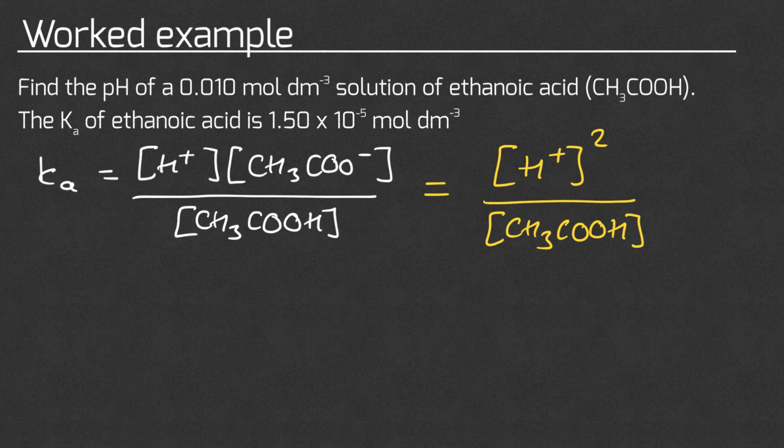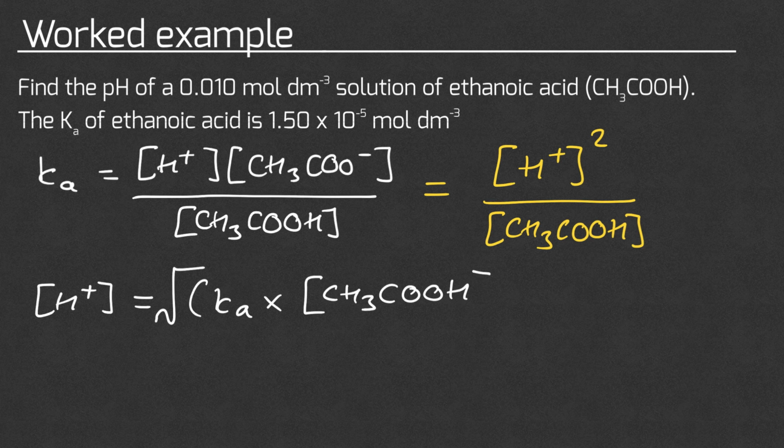So if we rearrange this equation to make the concentration of hydrogen ions the subject, we'll be able to sub in the values and work out the answer. So our rearranged equation is the concentration of hydrogen ions is equal to the square root of the Ka times the concentration of the acid. So remember, everything inside those brackets is being square rooted.